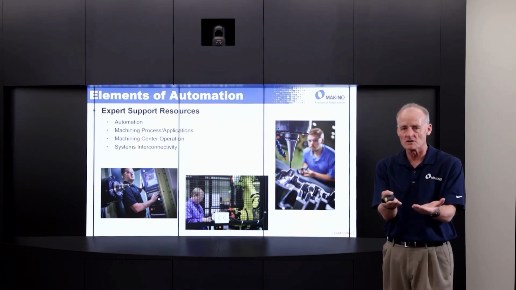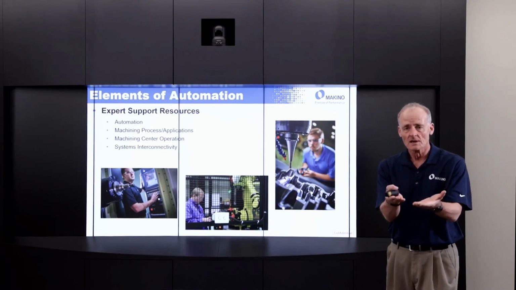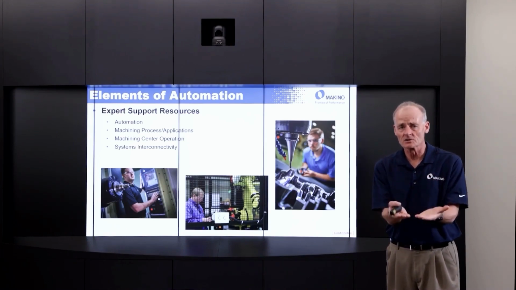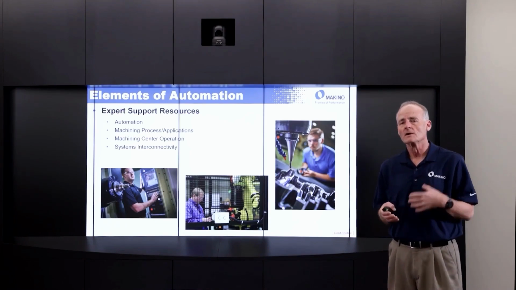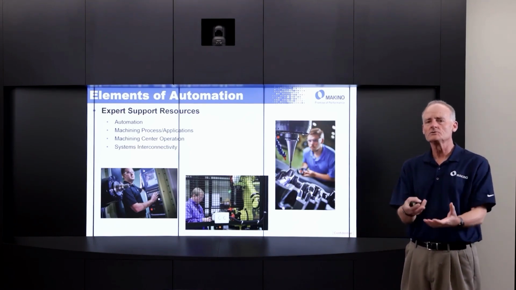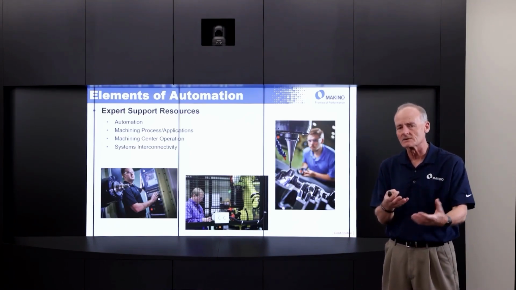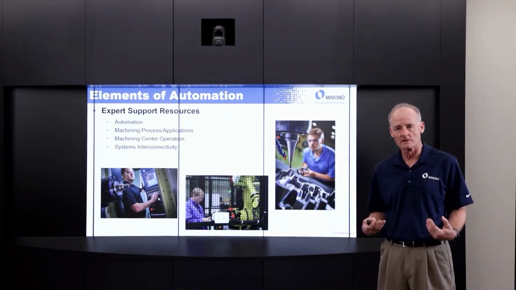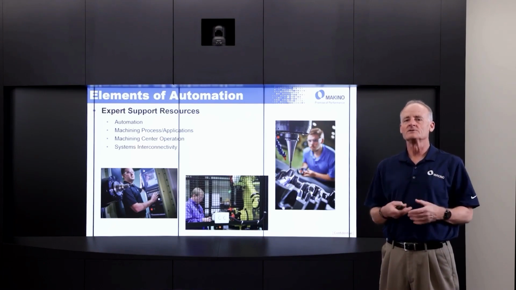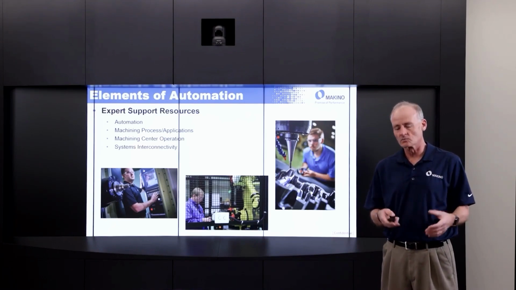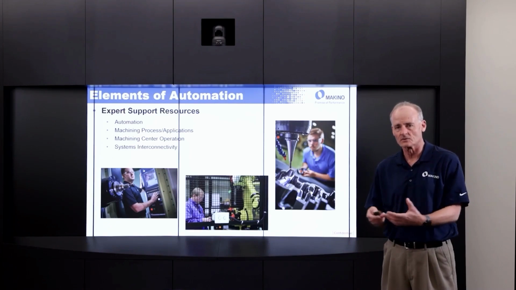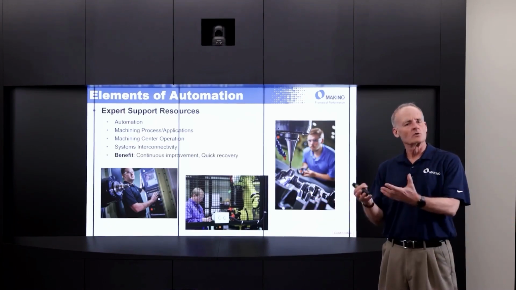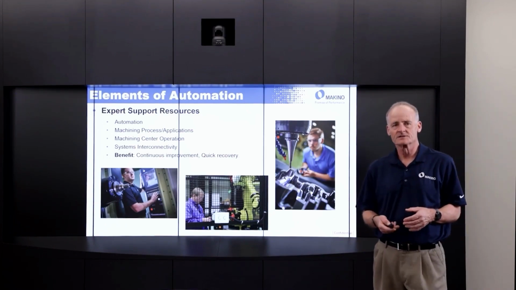We're going to get you started in this area, and we're going to give you a system that can run reliably and function over time. But you're going to have people who can help improve that, because once you learn how to operate this system and understand how it integrates with your other operations, you're going to find things you can improve upon. We'll be here to help you, but hopefully you're able to do some of that on your own, because that is the real measurement of a successful machine tending automation: continuous improvement and quick recovery of your automation systems.